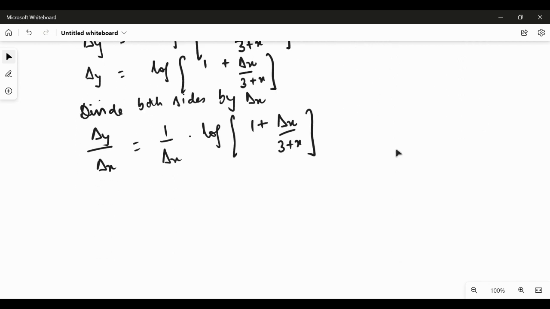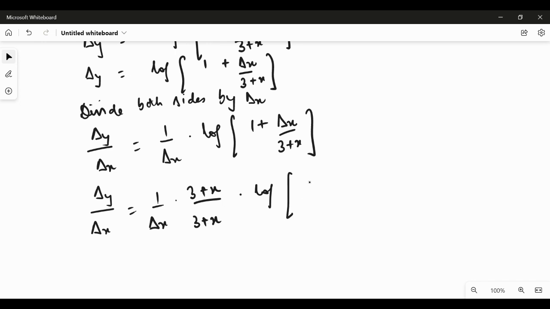And in the next step, I will multiply and divide both sides with the value of x, meaning 3 plus x and 3 plus x, right? In the previous example, I took x and x because in the question it was given log of x. Here it is given log of 3 plus x, so I will take 3 plus x divided by 3 plus x. So I will get this value.